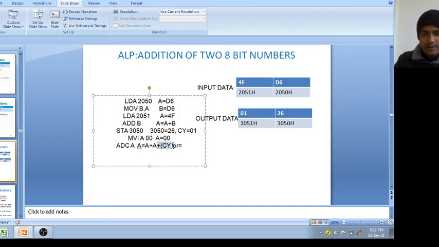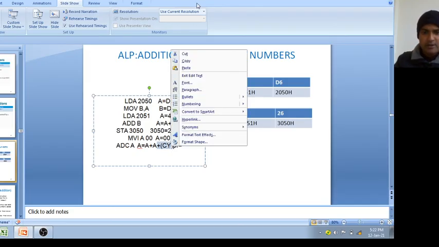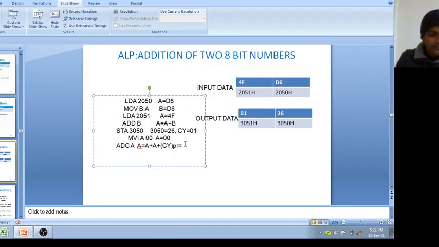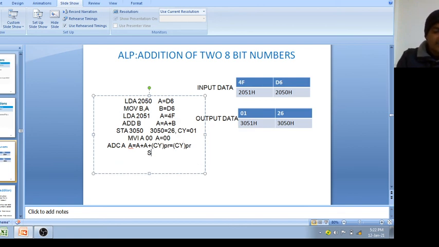So CY equal to just CY previous, because it is 0 plus 0 plus CY previous. Now store it with STA 3051.